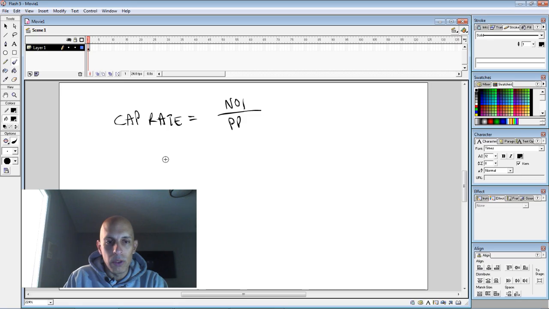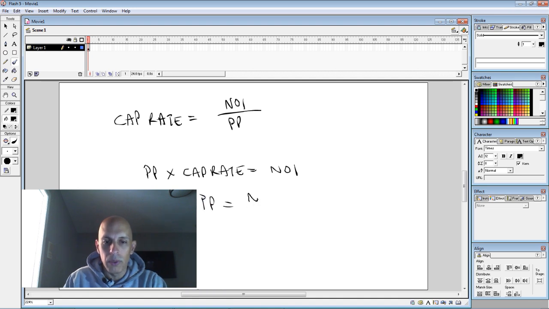If we rearrange this, we get purchase price times cap rate is equal to NOI, but we can also do this: purchase price is equal to NOI over cap rate.